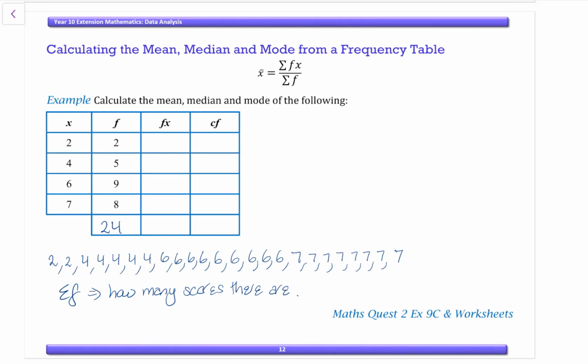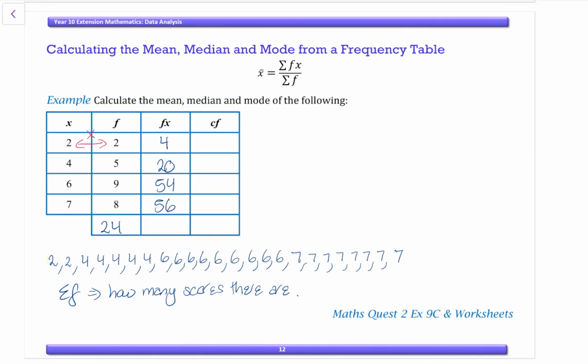When I work out fx, 2 times 2 is 4, so we're multiplying these two numbers. Then 4 times 5 is 20, 6 9s are 54, and 7 8s are 56. So what you should be seeing here is these are adding up our scores.